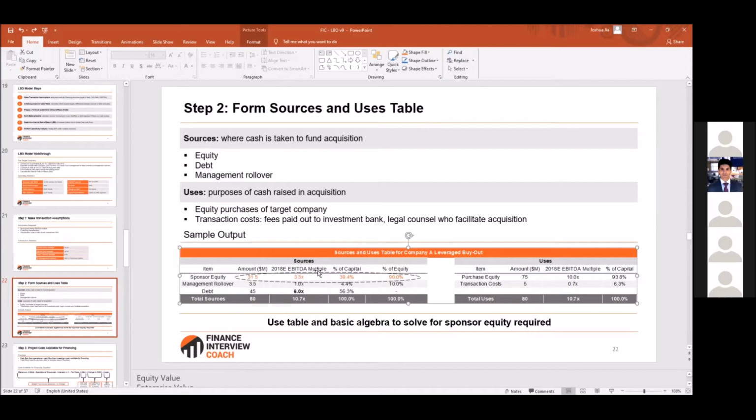This circle should include both sponsor equity and management rollover, because you're sort of finding both. You're finding the total equity, and then you apply 90% to sponsor and 10% to management. Why are we giving 10% of the equity to management? That's very common. You want to incentivize management to care about the business. So putting their skin in the game is the best way.